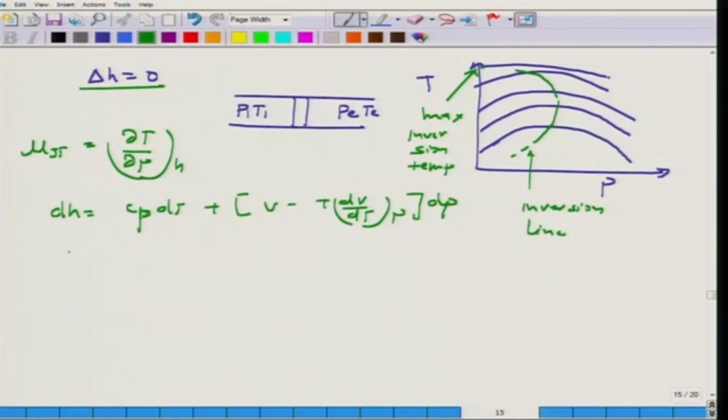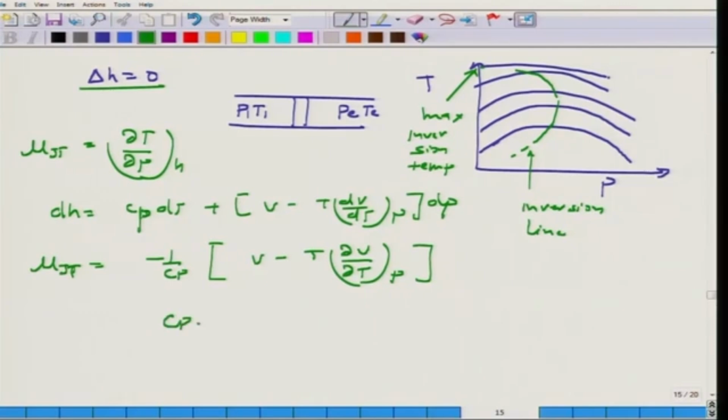Considering dH is equal to 0, your mu JT, which is del T by del P at constant H, is nothing but minus 1 by Cp times V minus T del V by del T at constant P. Alright, so this is your simple Joule-Thomson coefficient relation, which can be evaluated using Cp and PVT relations.